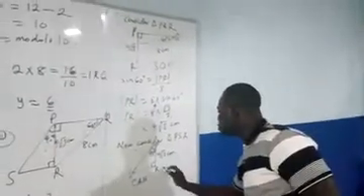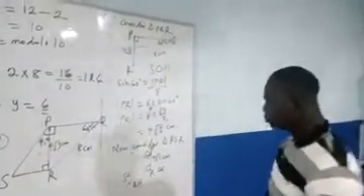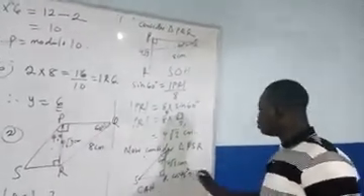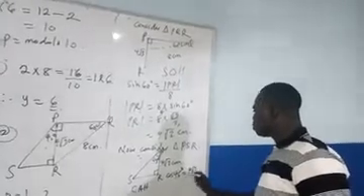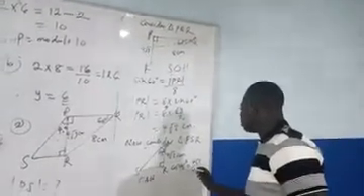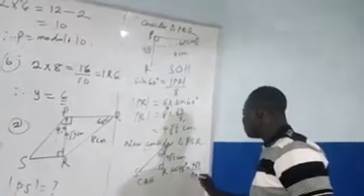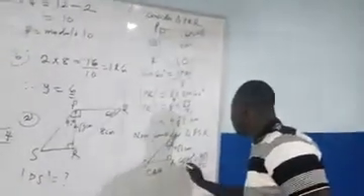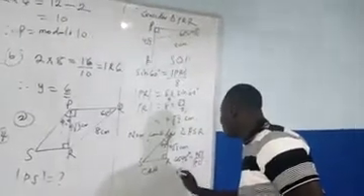So we can say cos 45 degrees equals adjacent, 4 root 3, over hypotenuse. We are looking for that. That is length PS. Cos 45 is root 2 over 2.